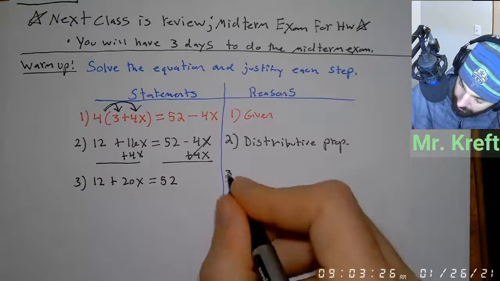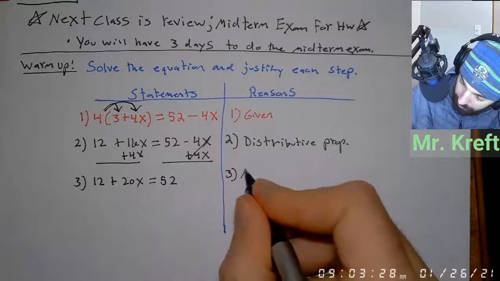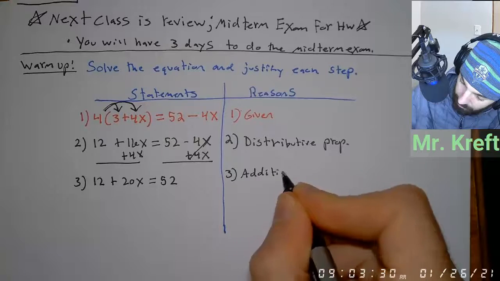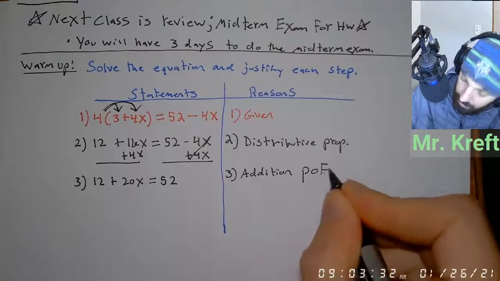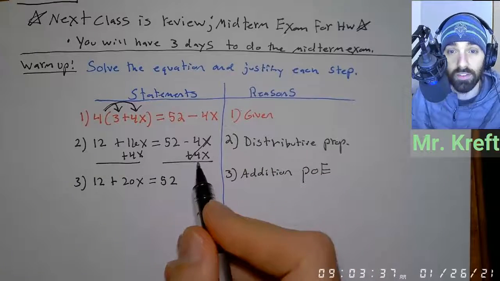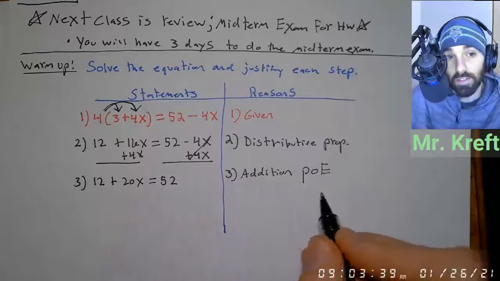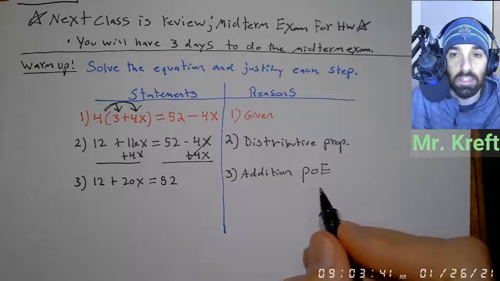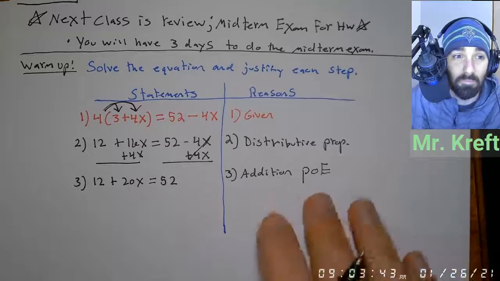What did we do? We did the addition, and then I write POE because I did that to both sides, right? I didn't just add on one side. I added the same thing to both sides, and that's what POE stands for. It's property of equality, okay?